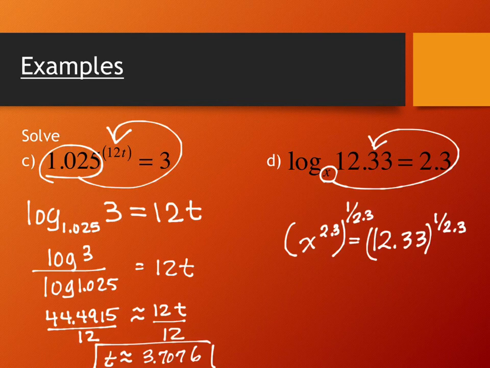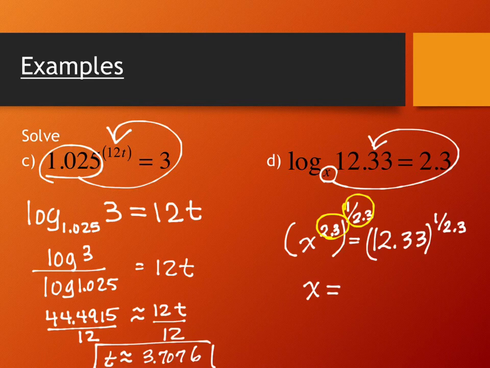So on the left, what happens when you multiply 2.3 times 1 divided by 2.3? They cancel out. You get a 1, right?